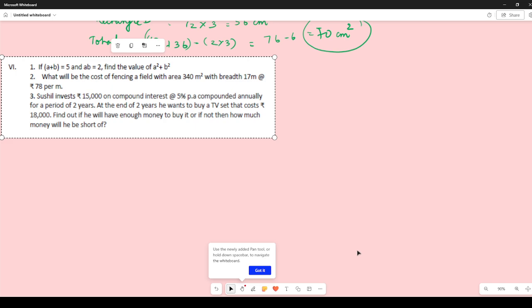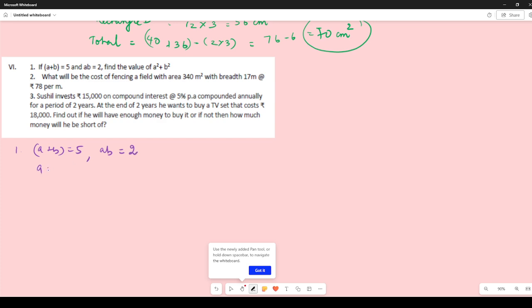If a plus b is equal to 5, find the value of a square plus b square. Alright, so let us check this out first. First question, a plus b is equal to 5, ab is equal to 2. A plus b whole square is equal to a square plus b square plus 2ab, right?